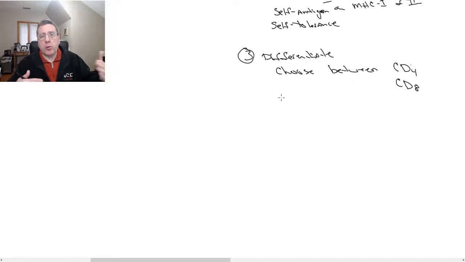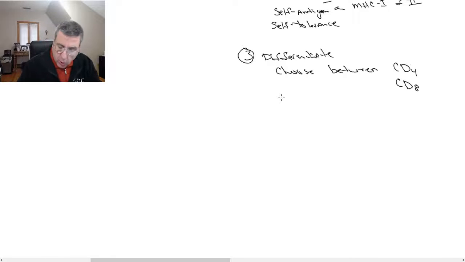After they go through positive and negative selection, now they must choose which one. Do you want CD4 or do you want CD8? In both cases, they continue to have the TCR.